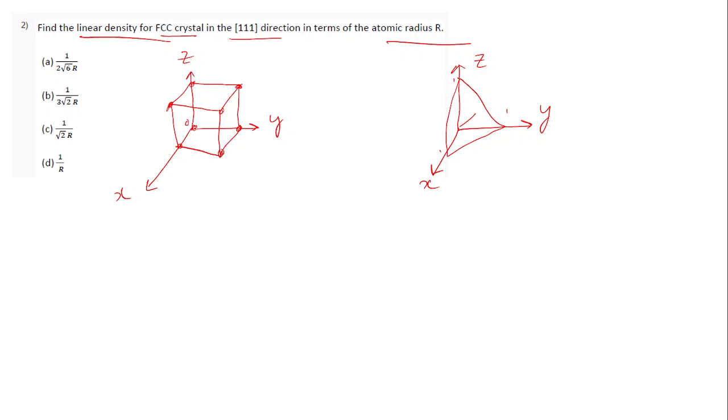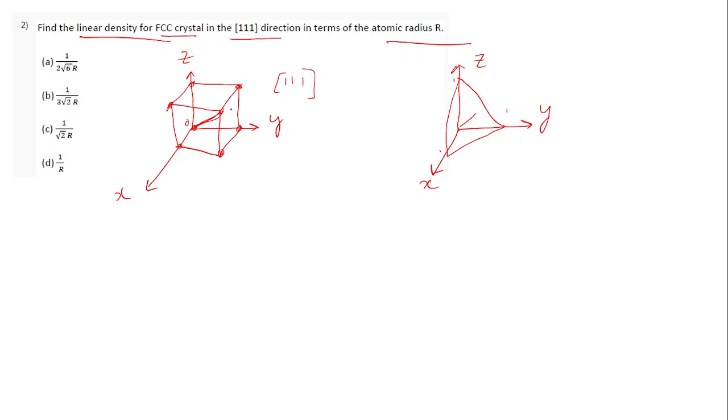If this is my origin, then from the 0 0 0 coordinate to the 111 coordinate, if I draw a line, this is the body diagonal of this cube, and this is also our 111 direction. So the first step is to identify the direction in the cubic crystal.